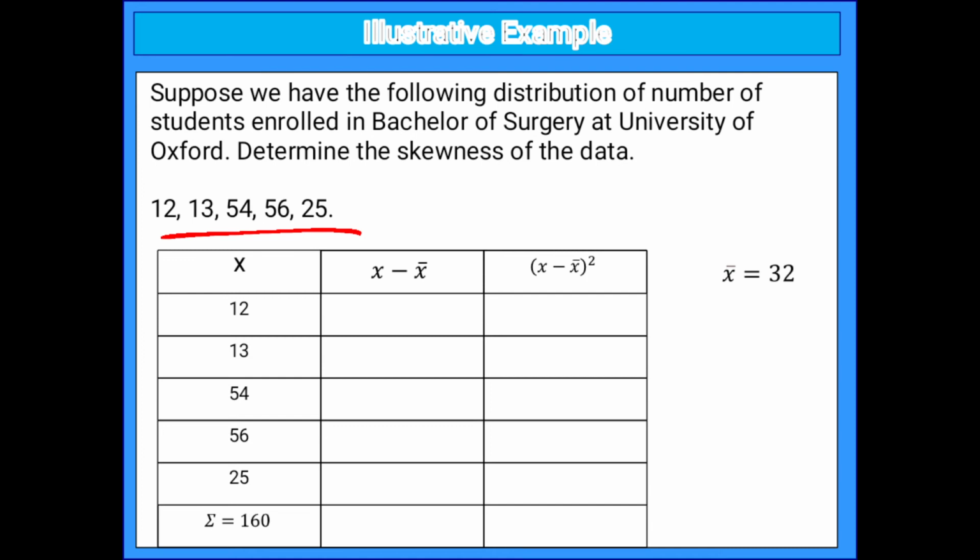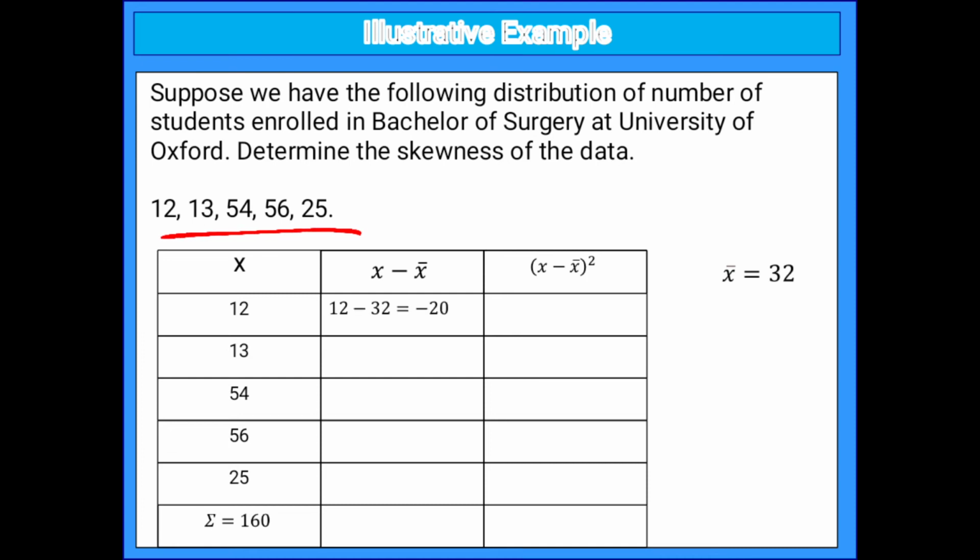So we are just going to create a table to make sure that our answer is organized. Here on the first column we have the data, and we get the summation of X, which is 160. On the second column, we get the difference between the data and the mean.